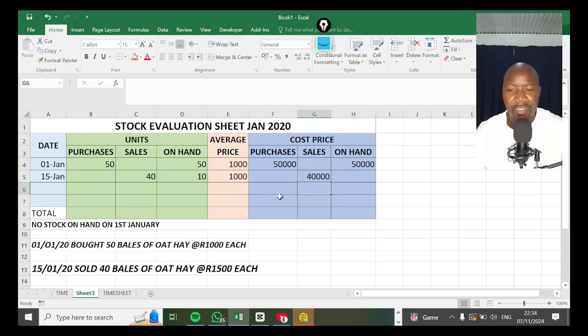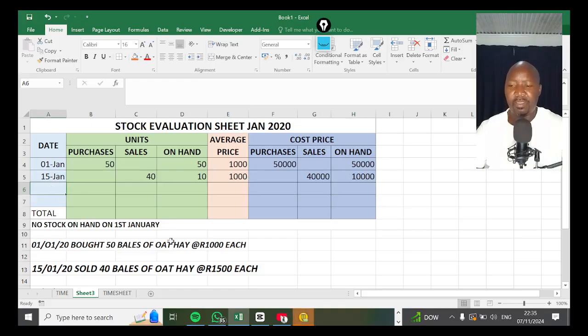Then to balance, you can do 10 times 1,000, or you just do equal sign, balance on hand minus sales. It's going to give you the same answer. Whether you do it this way or this way, the answer will remain the same. Then you close the whole transaction.